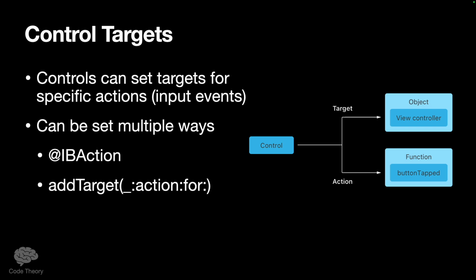These are a couple of the different ways that you can do it. We'll look at these in the workshop, but there's something called IBAction. There's this addTarget action for function, and then you can also create a UIAction, which is kind of the new hotness, but I say new hotness, it's like 6 years old.